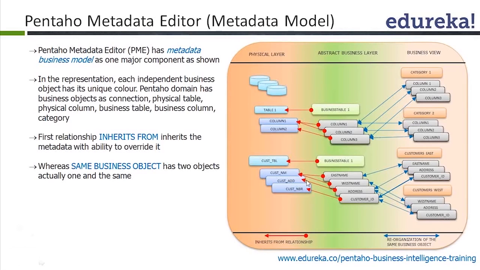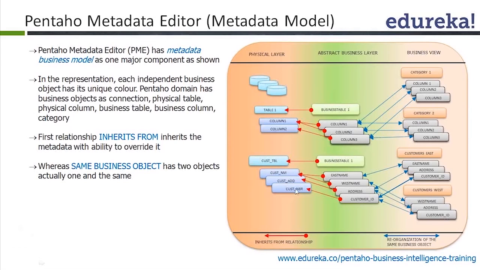So the first relationship inherits that metadata with the ability to override it. For example, here the customer table is inherited by the business table. Now in the customer table, you have multiple elements: customer name, customer address, customer number.